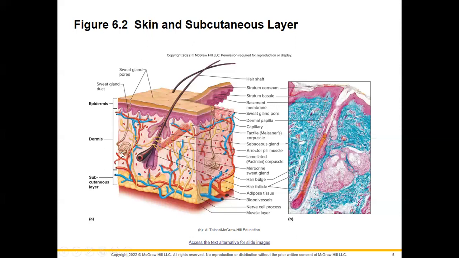Deep to that, you have your dermis and all of the associated structures. And then deep to that, where you start seeing that adipose tissue, is your subcutaneous layer. Here, we don't really see that subcutaneous layer very much, but it's probably going to be down here. You have your hair, you have your dermis, which in the image is going to be blue, and your epidermis is going to be this purple color.